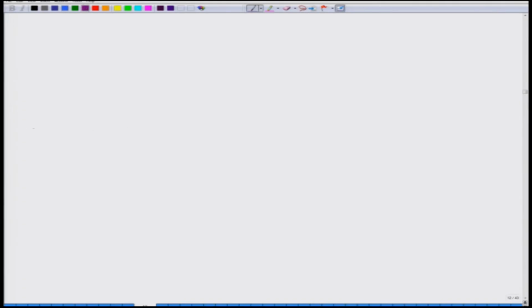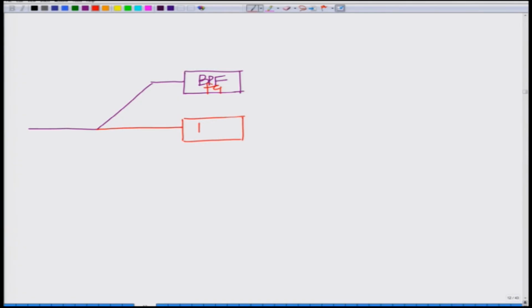We take the received signal and pass it through an appropriate band pass filter, BPF with center frequency, for instance, FC1, another BPF with center frequency FC2, another BPF with center frequency FC3.